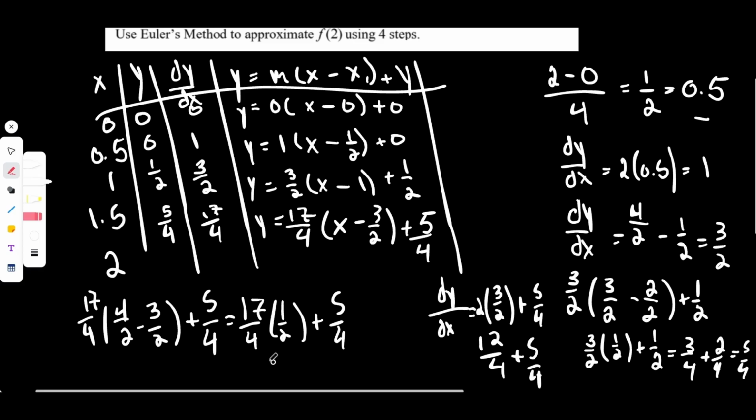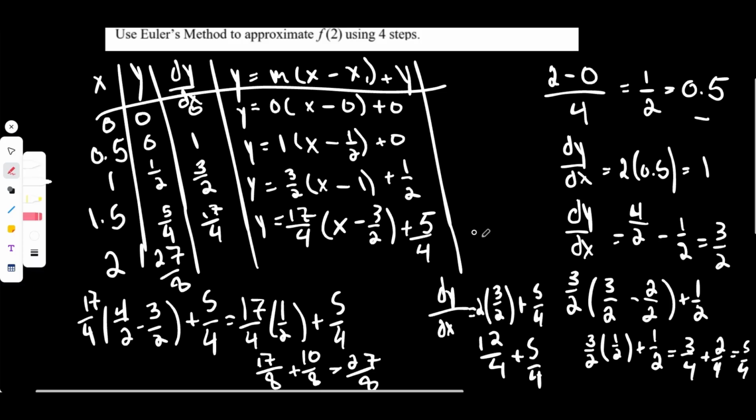This is going to be 17 over 8 plus 5 over 4, but because our denominator is 4, it's easier to just multiply this by 2. 10 over 8, 27 over 8. And that is our approximation.